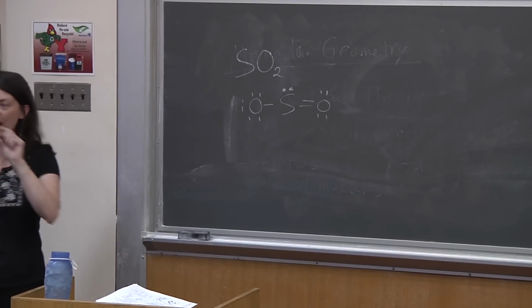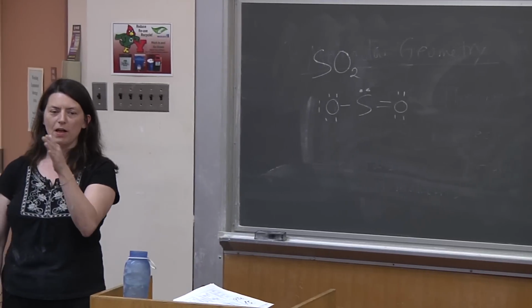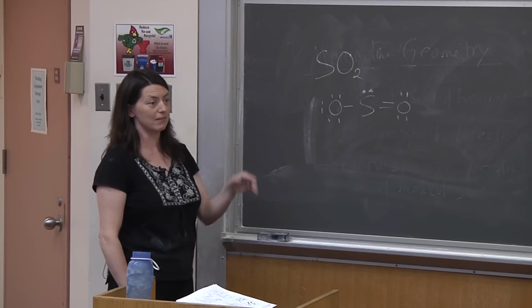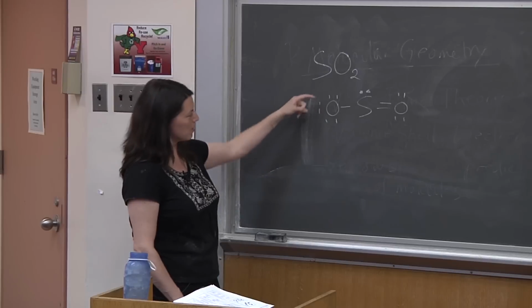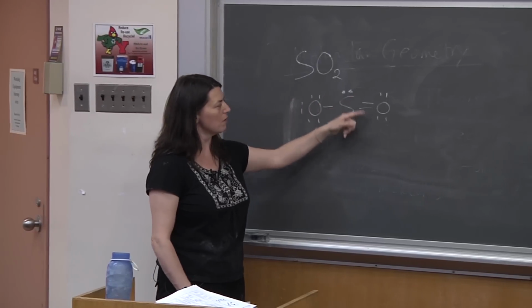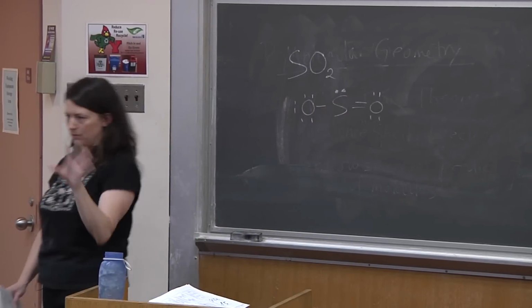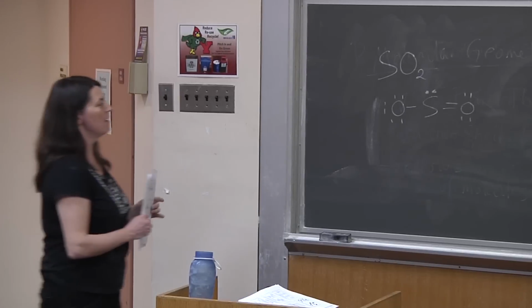Should be 18. S and O are in the same family, so they all have 6 valence electrons times 3 is 18. I'm not going to go through the whole thing, but 2, 4, 6, 8, 10, 12, 14, 16, 18. That is the dot structure.